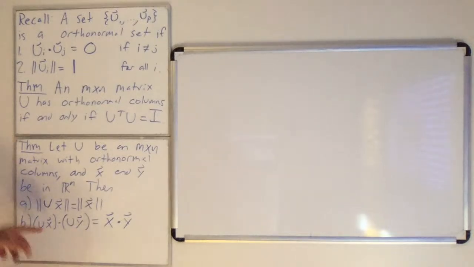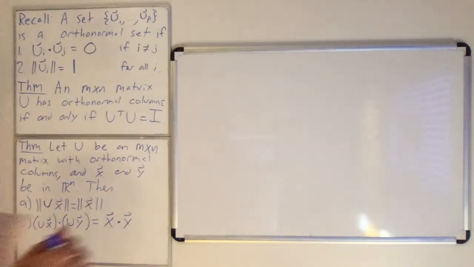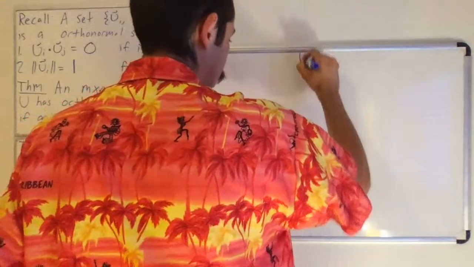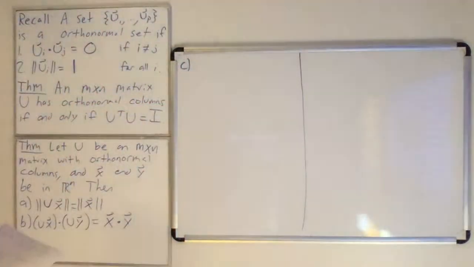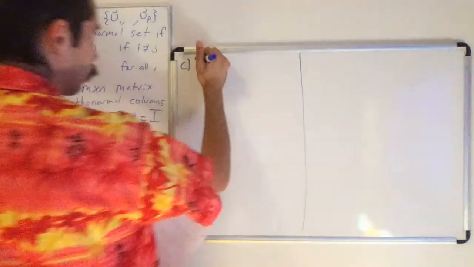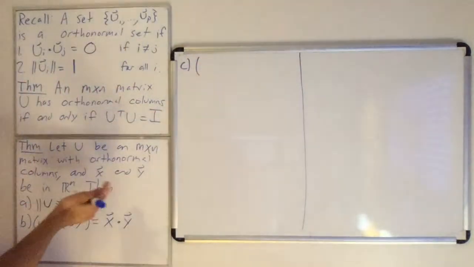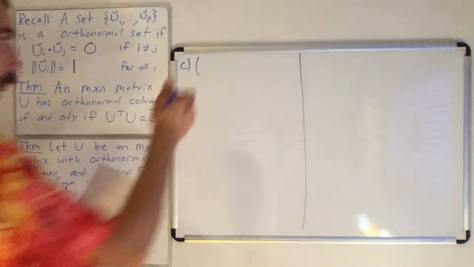So multiplication by U preserves the dot product. And then last, this is basically the same thing as b, it's just a special case of b.